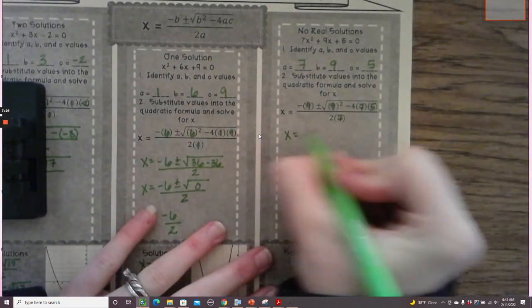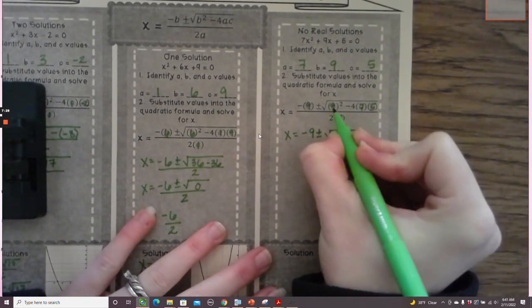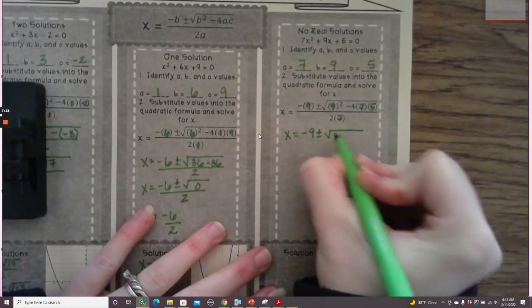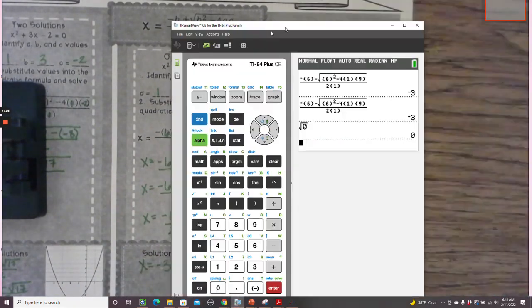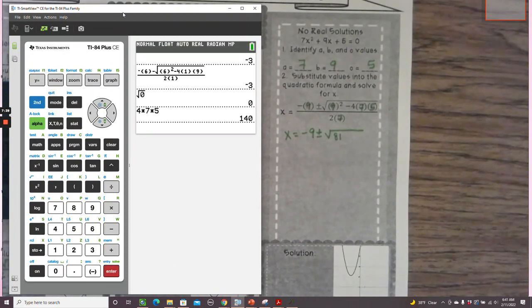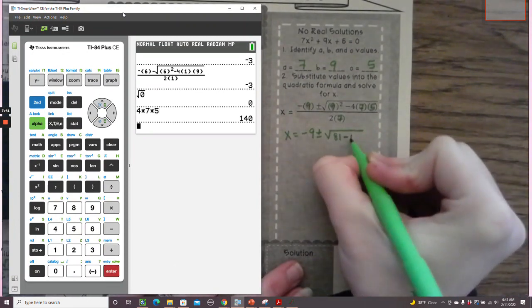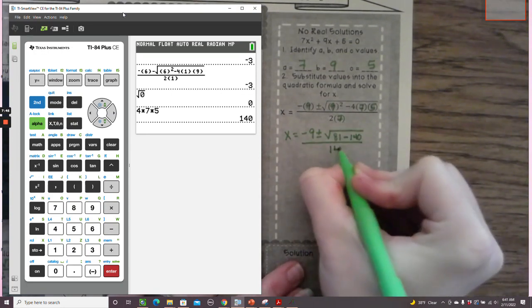So, all right, so we have -9 plus or minus the square root of 9 squared is 81. Then we've got 4 times 7 times 5. So 4 times 7 times 5 gives me 140. So we're going to minus 140. 2 times 7 is 14.